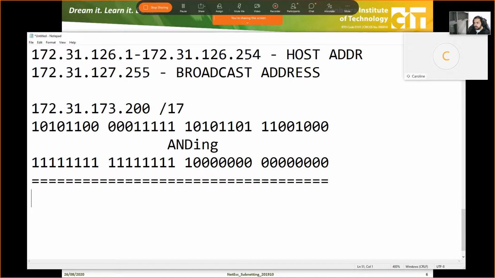The broadcast address. The subnet address.